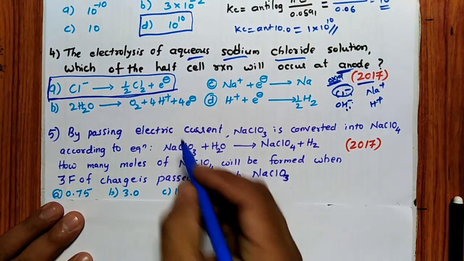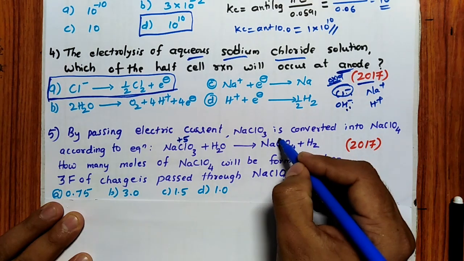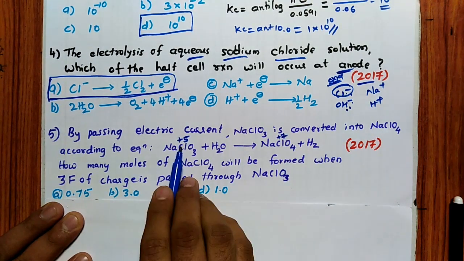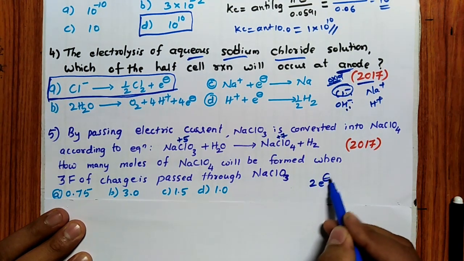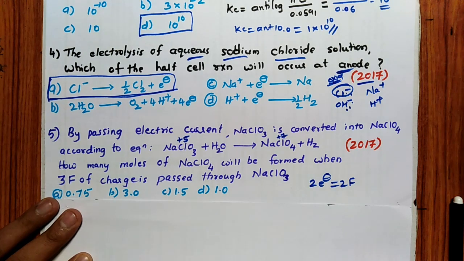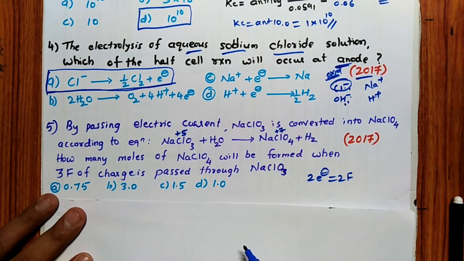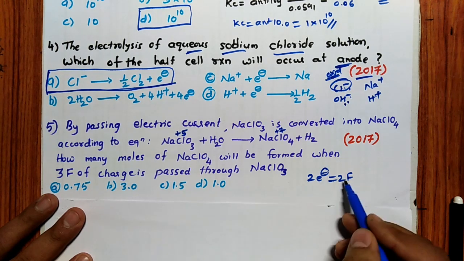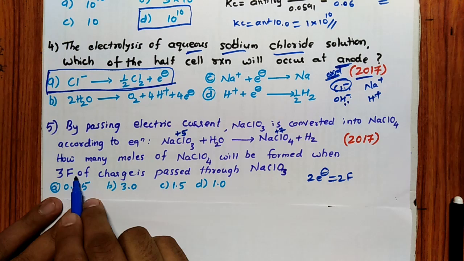The oxidation state of NaClO3 is plus 5, and NaClO4 is plus 7. How many electron change? 2 electron change. 2 electron means 2 Faraday. In this particular case, remember, 2 Faraday is nothing but 2 moles.